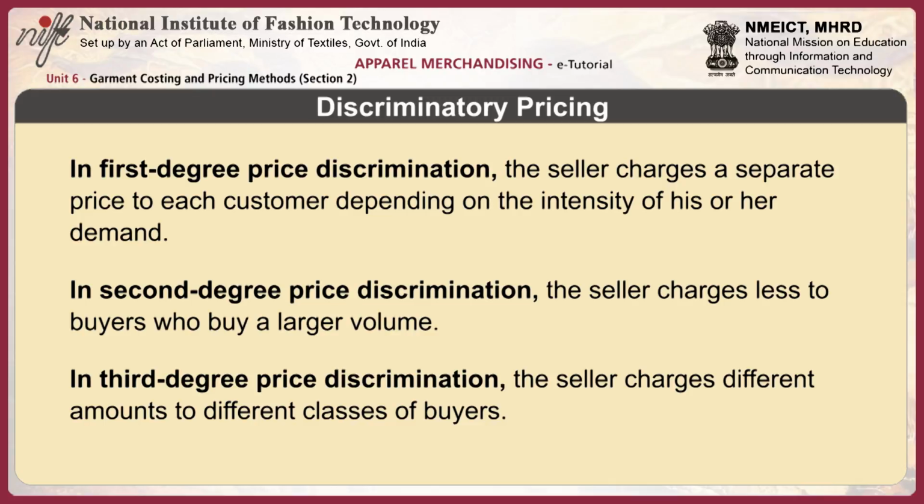In third-degree price discrimination, the seller charges different amounts to different classes of buyers, as in the following cases. So there can be different classes. Customer segment pricing: different customer segments are priced differently. Similarly, product form pricing: the product forms are different, so there is some slight variation in the product.